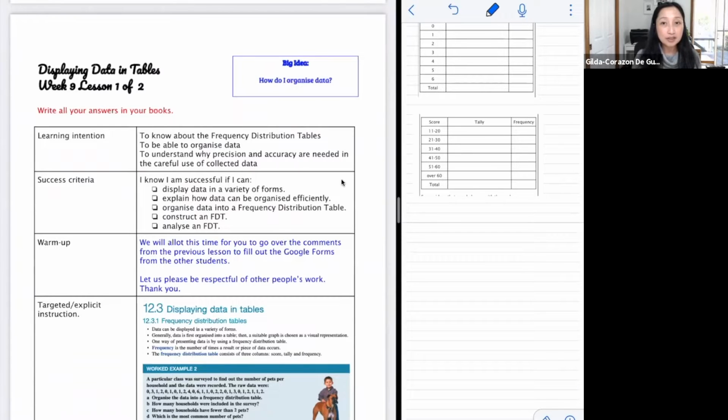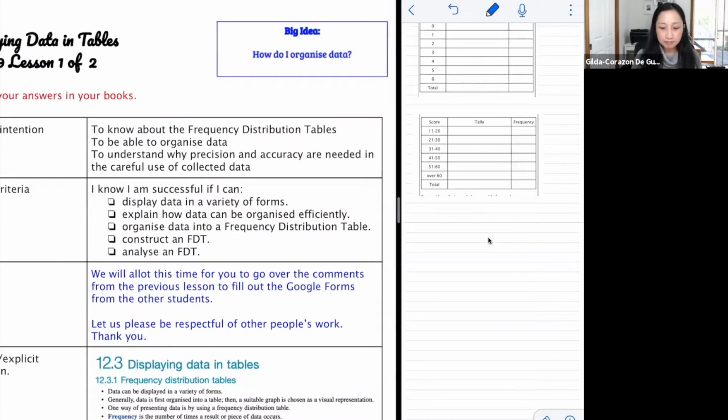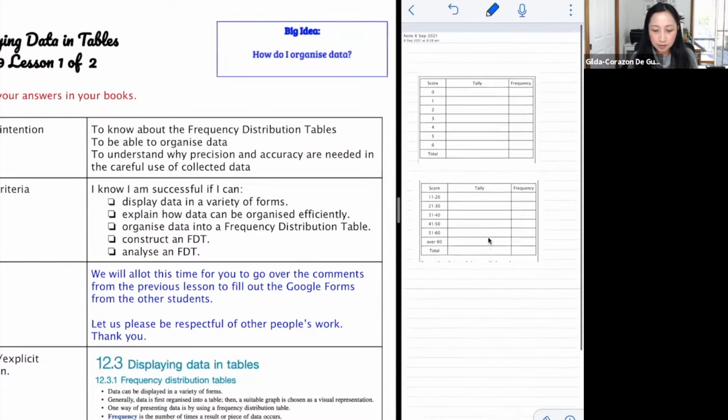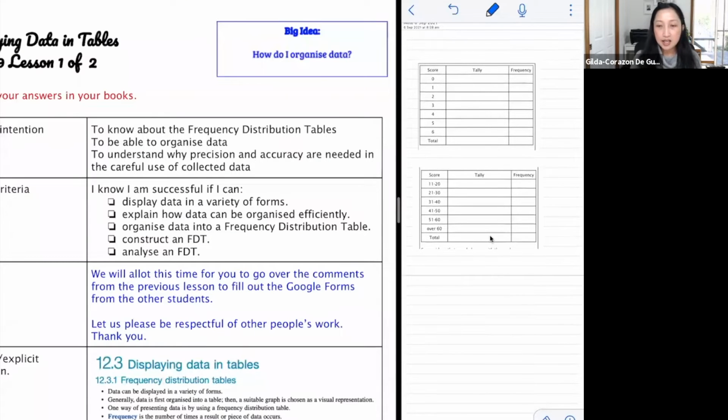After you've collected, after you've written your survey forms, after you've collected them using a very efficient Google form, did you find that very efficient? Now we will be organizing them into a table. For now, there would be just 3 columns of that frequency distribution table.